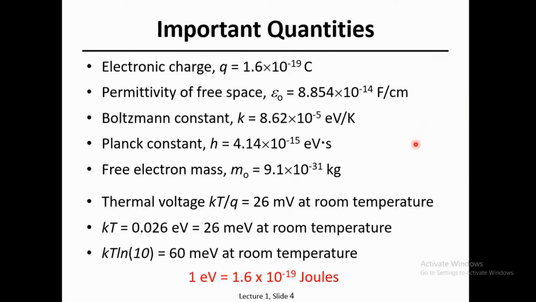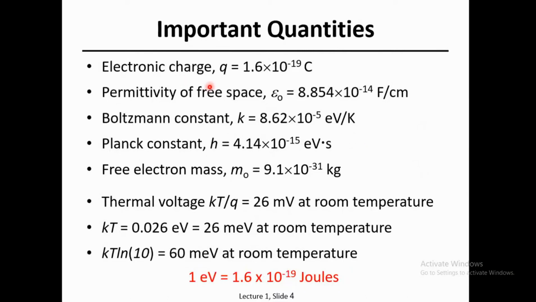Okay, now before we go into the material, we'll present some important quantities that we will be using when we apply problem sessions on the topics that we will cover.